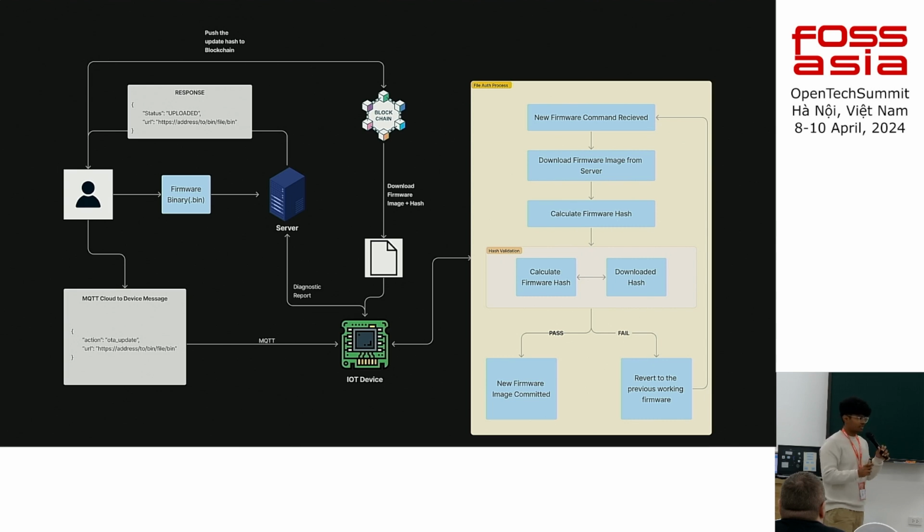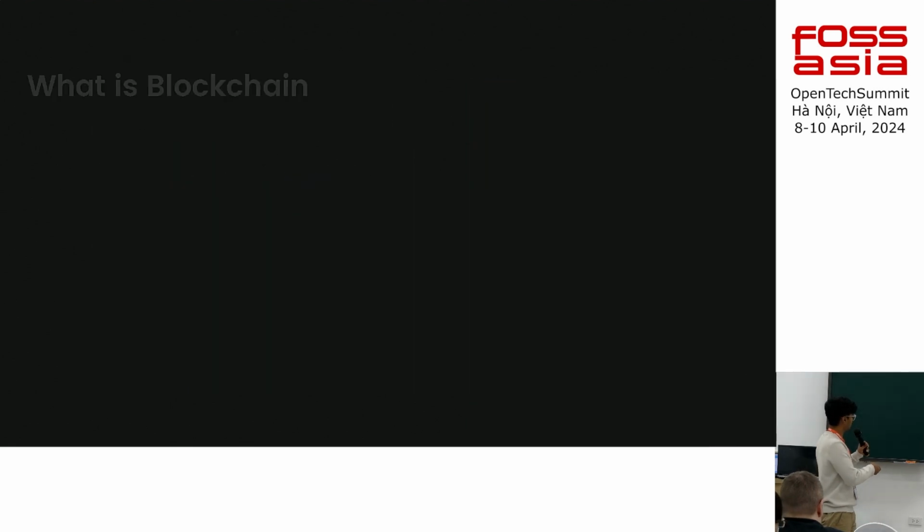When the installation is happening, the IoT device calculates the hash, queries the blockchain through some intermediary HTTP server, and gets a Boolean value, true or false, and based on that, it can either update or deny the update, right? So this is the architecture. I'll show more architecture ahead in the presentation.